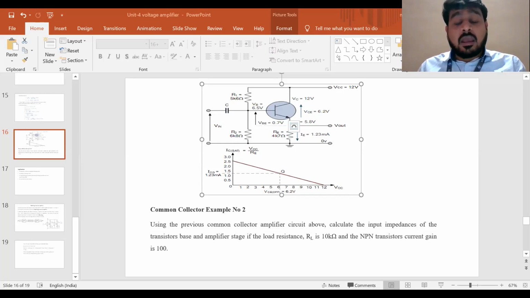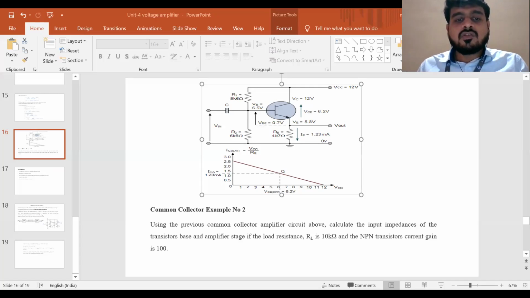Clear? That is your base impedance, not the input impedance. Write Z in base, or Z base. We always call it the transistor base impedance, Z base.